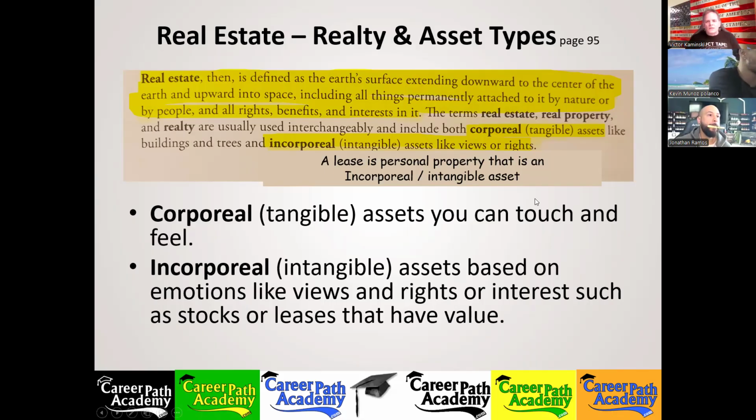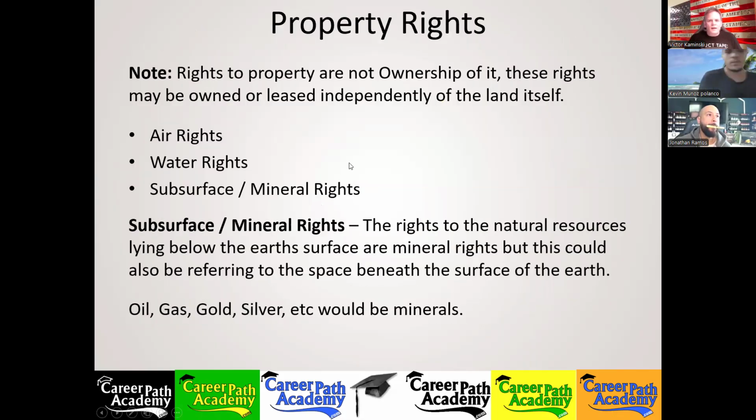All right. So, rights to the property, because you have rights to a property, does not mean that you have ownership of the property. You could have rights to someone's real estate and not own the real estate. You know, air rights, water rights, subsurface or mineral rights.